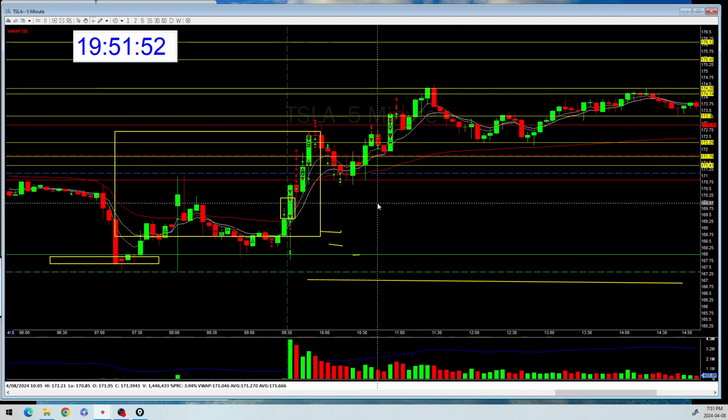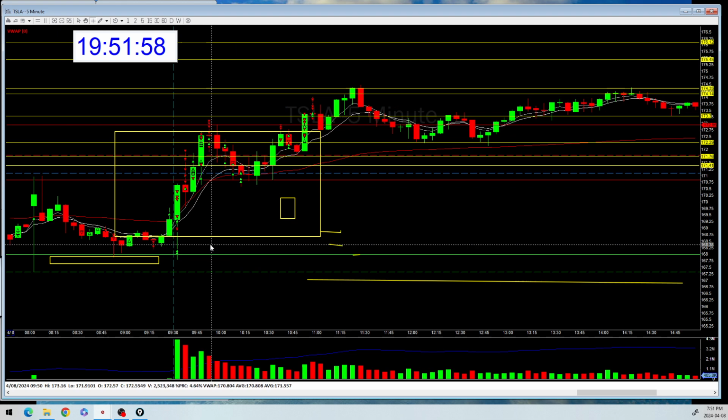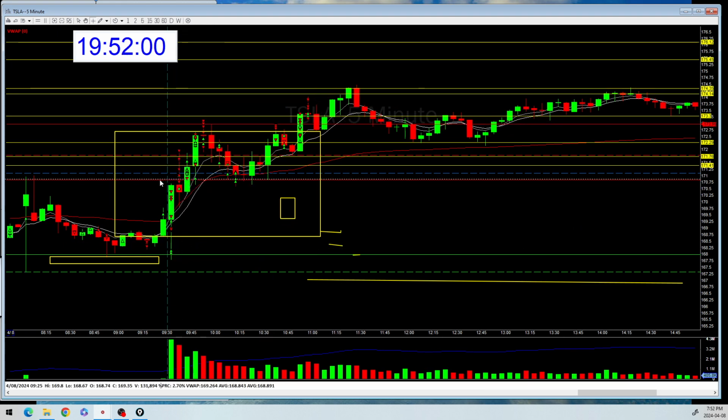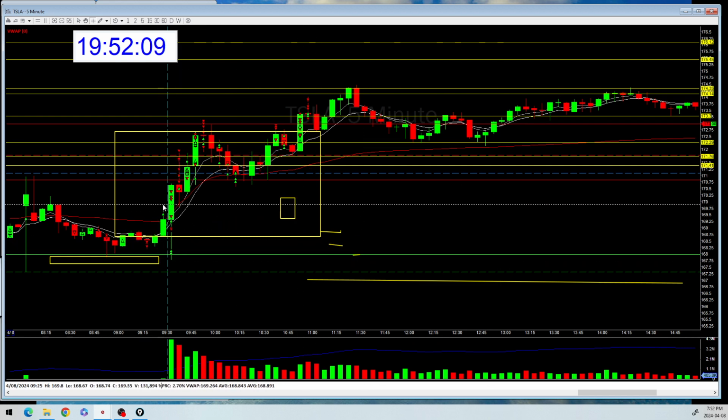I was hoping this was going to save the day. It also happens to be the first 5 minute range. So usually these are very important levels where the price really gets held.